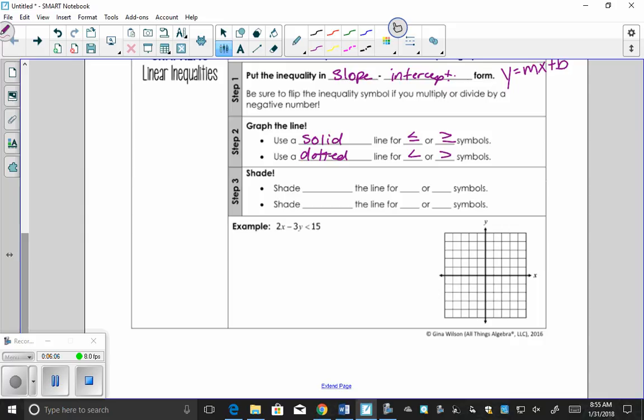Step 3 is to shade above if you contain these two symbols. So that's the greater than symbol. And you shade below for these symbols.